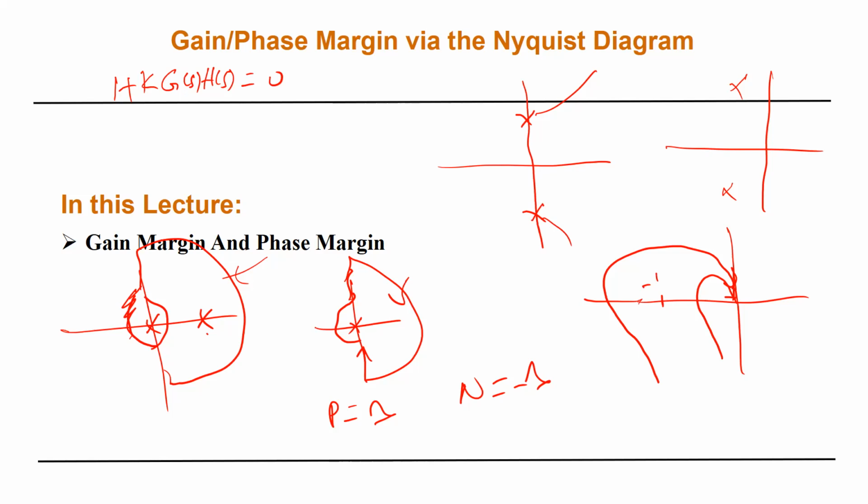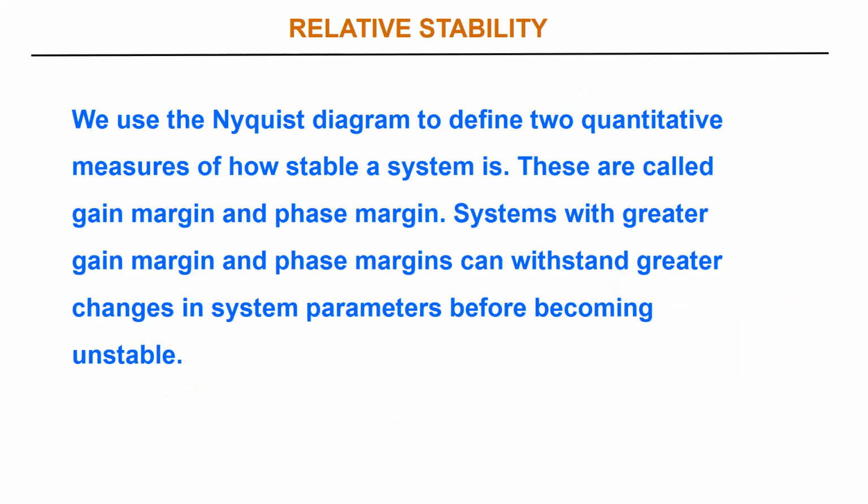Anyway, look, the concept of the phase margin and gain margin is basically what we are going to do. We can obtain these two quantities from Nyquist, and we can obtain them as well from the Bode plot, and we'll come to the Bode plot a little bit later.